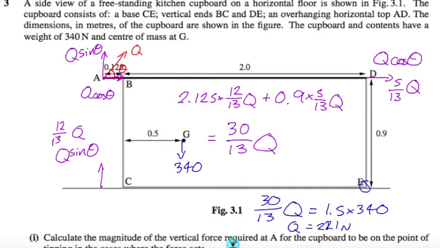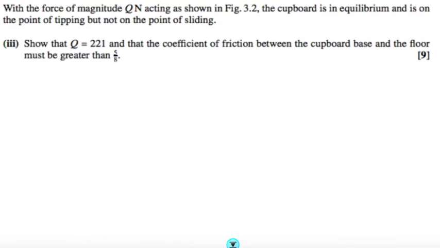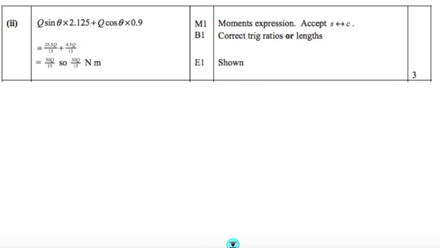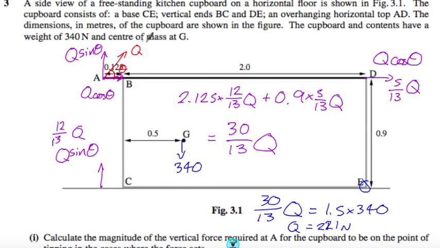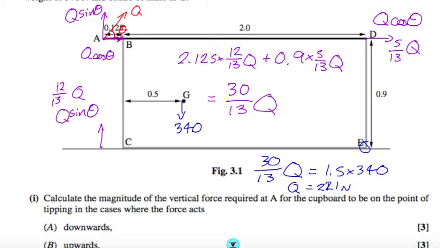Right, now we know it's at the point of tipping, but we've got to show the coefficient of friction between the cupboard base and the floor must be greater than 5/8. So we've got to imagine what's going on with friction. What I'm going to do is treat this whole cupboard as a point, and then we'll worry about friction.